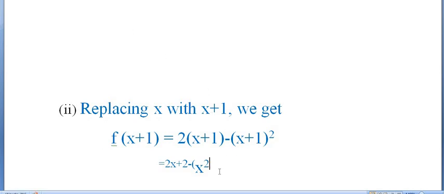Plus 2ab. So I can write plus 2 into a into b. What is a here? x. Again into 1. 2 into a into b.